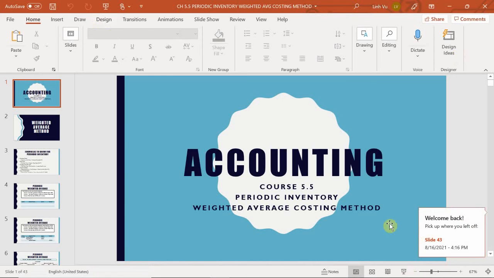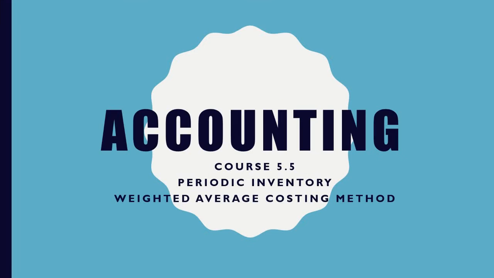Right, so let's talk about 5.5, which is going to be learning the very last accounting costing method when it comes to periodic inventory. So this one's called weighted average.